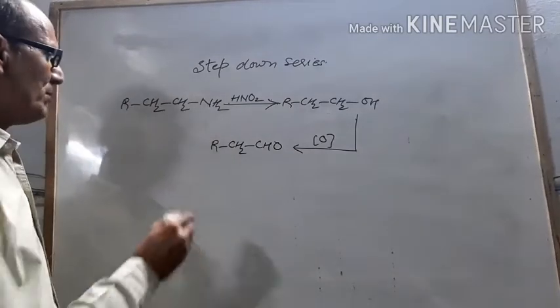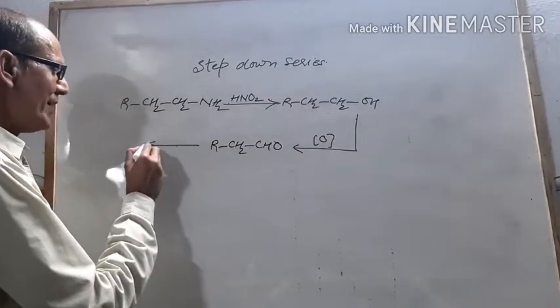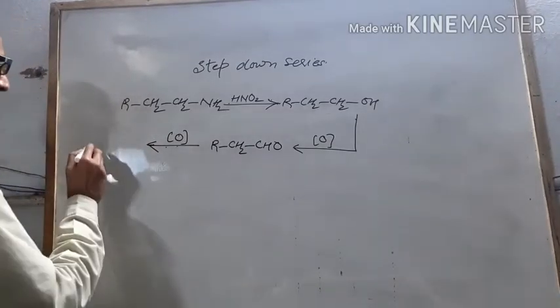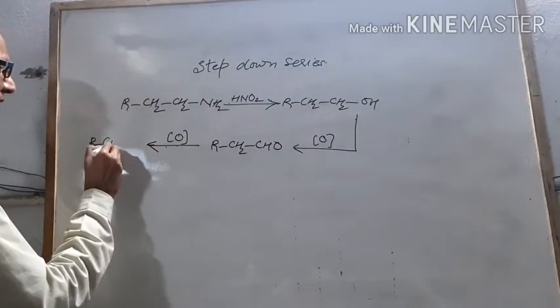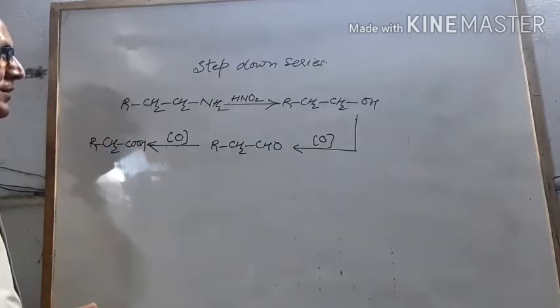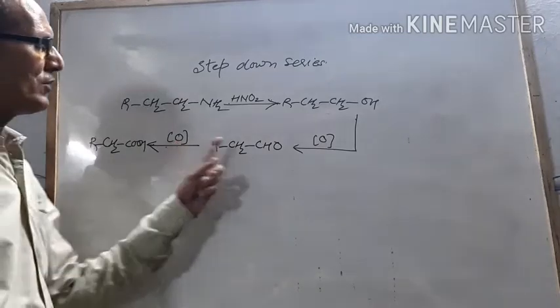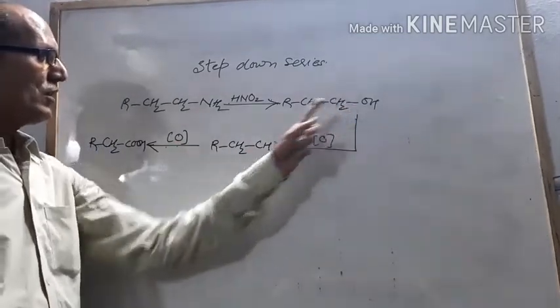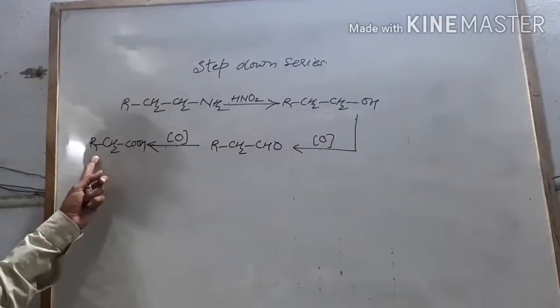In the next step, we have to do oxidation again. So you will get carboxylic acid, RCH2COOH. These 2 oxidations you can write in one step also by using 2[O] here, and the alcohol will be converted directly to carboxylic acid.